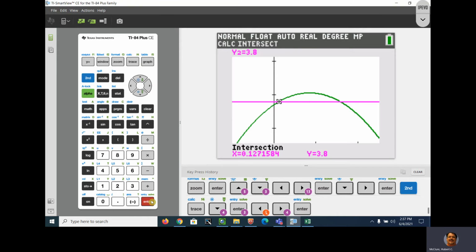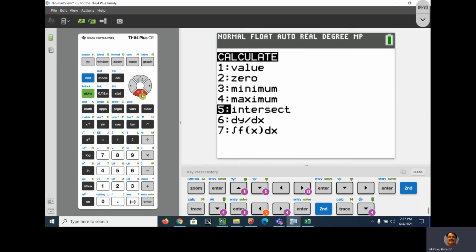So at 0.127, he's at 3.8. And let's go to the other one, second trace intersection.